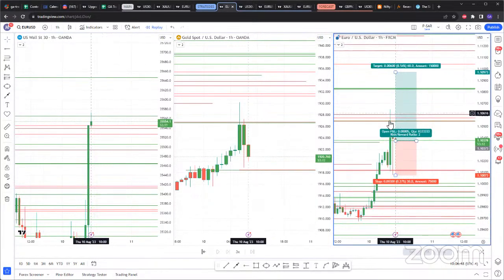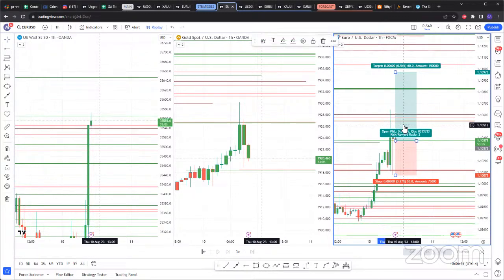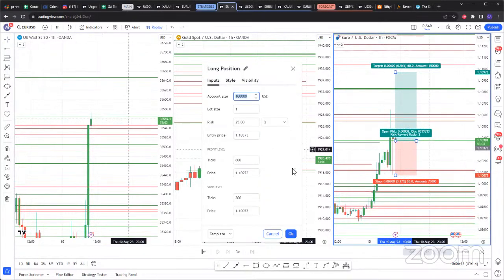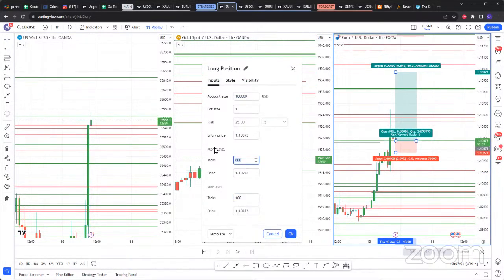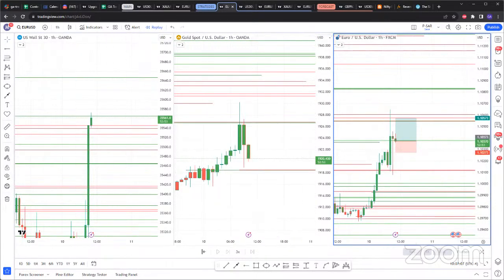But since we have this zone right here where we know sellers are sitting based off of CPI price action, I would rather use this tight stop loss for now. I don't think I've ever used a 10 pip stop on EU or anything.